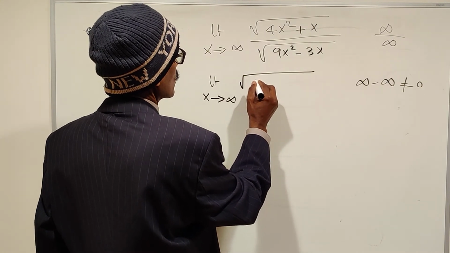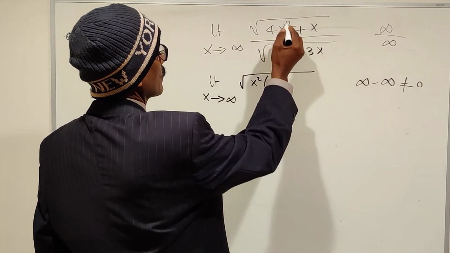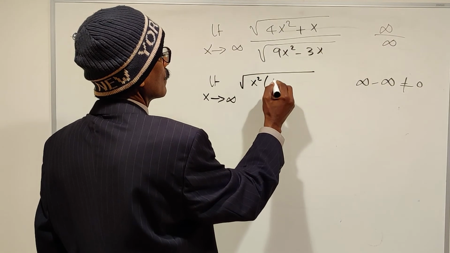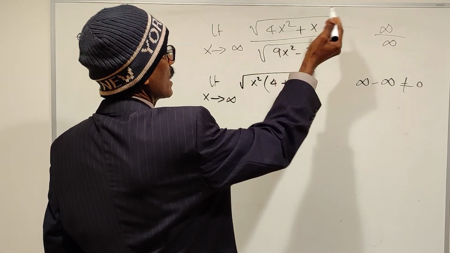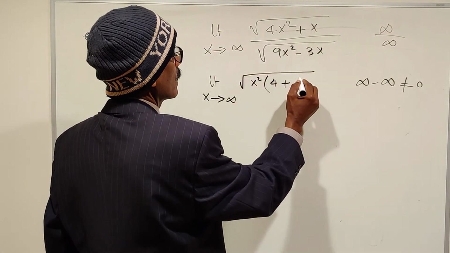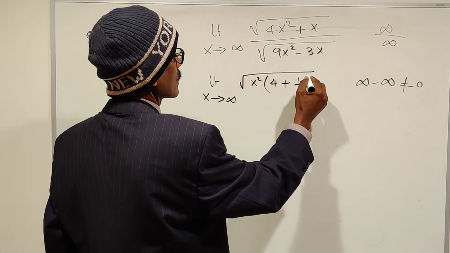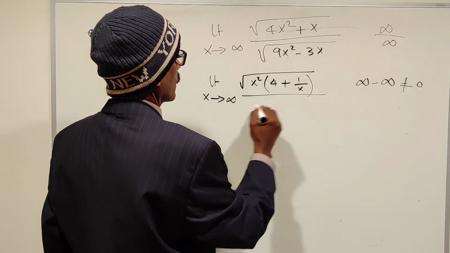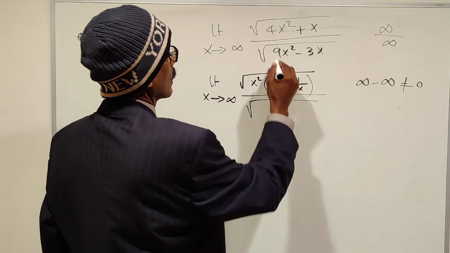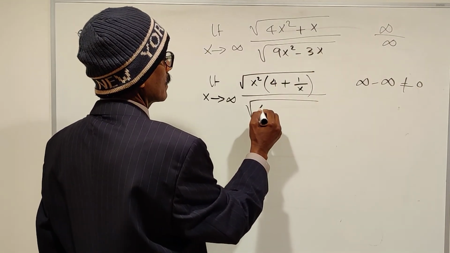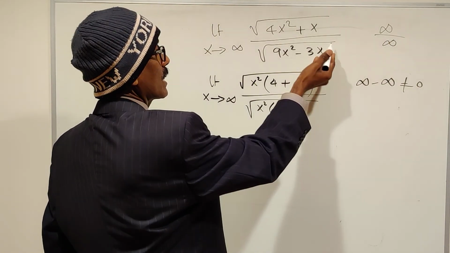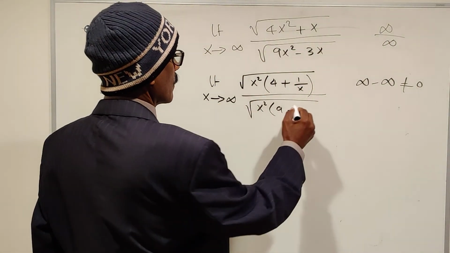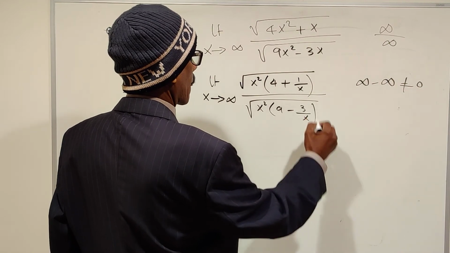So take out x to the power 2. Then what is left over here? 4 plus 1 by x, divided by, here also the highest common factor x square: 9 minus, when you take out x square from 3x, 3 by x.